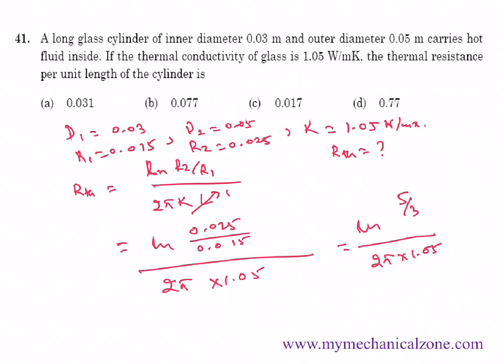If you solve this, finally from the options B is your correct answer.